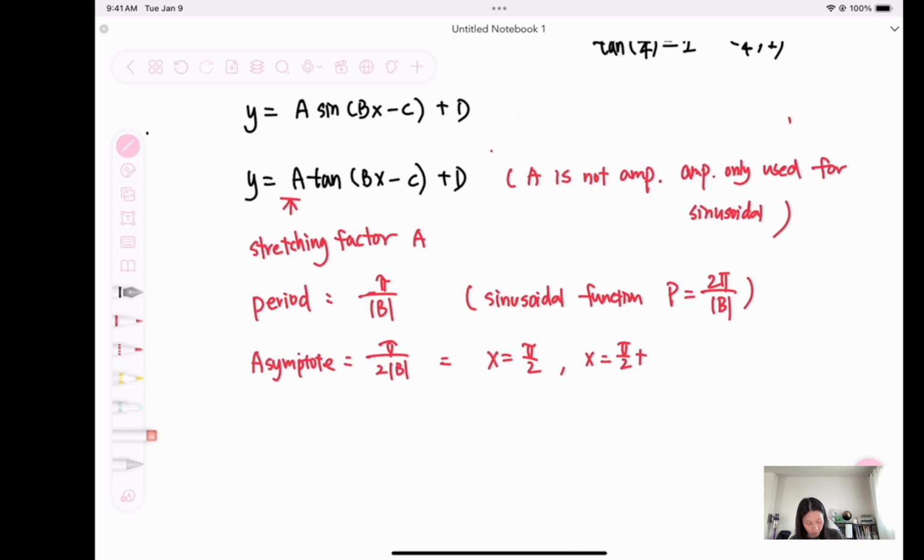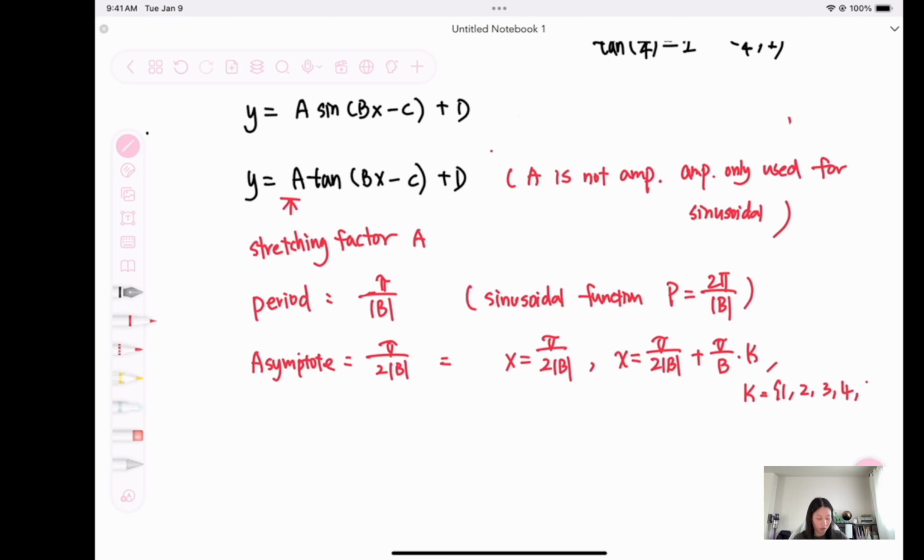In the basic function, more generally, our asymptote should be found every time we add another period on top of it. So that means the asymptote is not just pi over the absolute value of B. You will also find another asymptote if you add the period, or add 2 periods, or add 3 periods. So that means k times the period, where k could be any integer, such as 1, 2, 3, 4, 5.